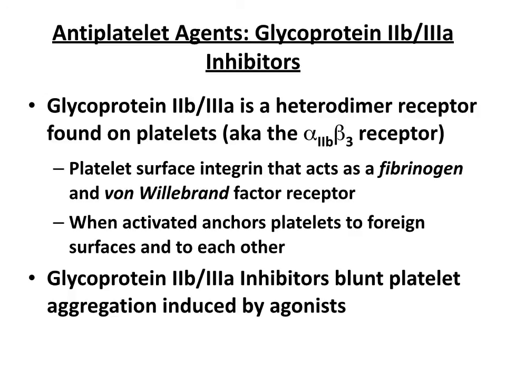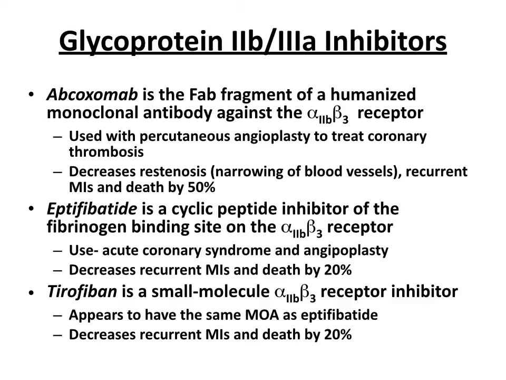A couple of these agents include abciximab, an antibody against this glycoprotein 2B3A receptor, and then eptifibatide, which is another inhibitor of that receptor as well. And then tirofiban is a third inhibitor of that receptor.